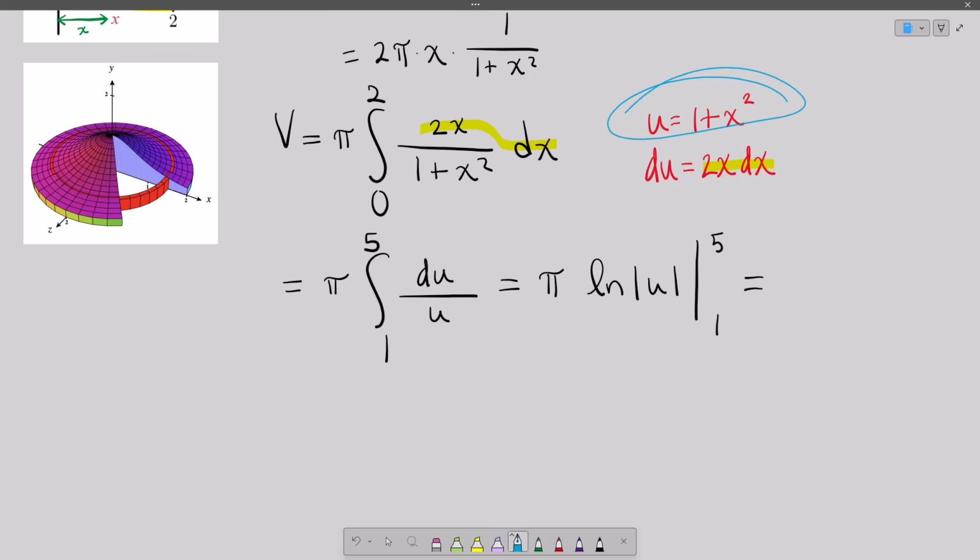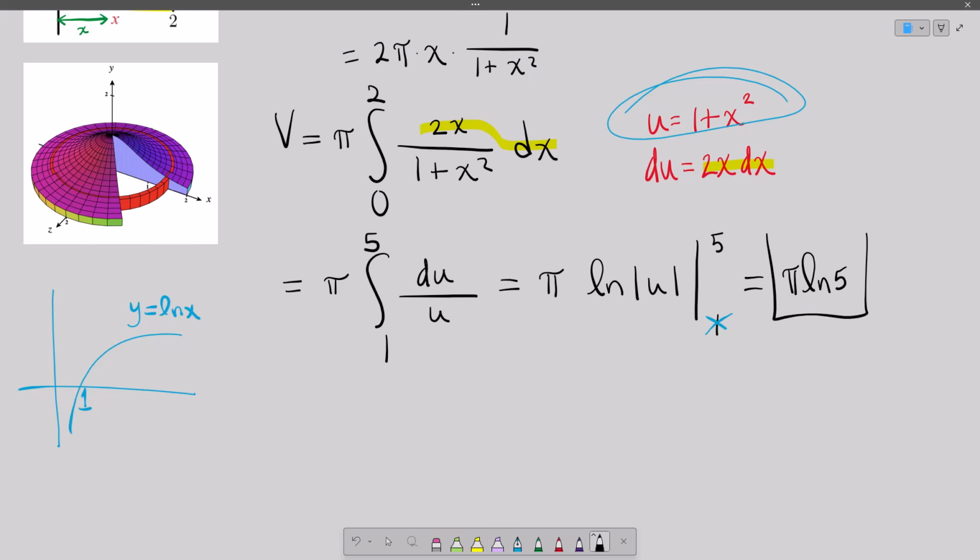What is the natural log of 1? 0. When you think about that log function, remember that y equals natural log of x looks like that. It goes right through 1. So the natural log of 1 is 0. Plug in 1 here. So this is not going to contribute any volume. We're going to get pi multiplied by the natural log of 5. Don't need the absolute value bars because 5 is positive.